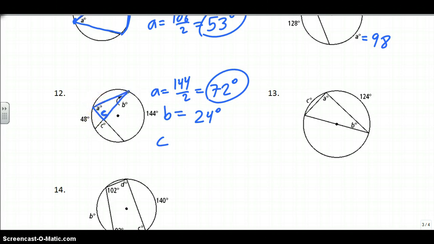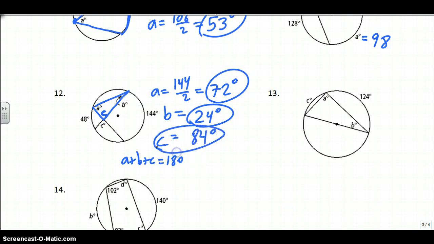Lots of triangles. I told you guys triangles would come back. A plus B plus C has to equal 180, so 72 plus 24 is 96, and 180 minus 96 gives 84 degrees for C. There might be other ways you can get that, but I think that's good enough.